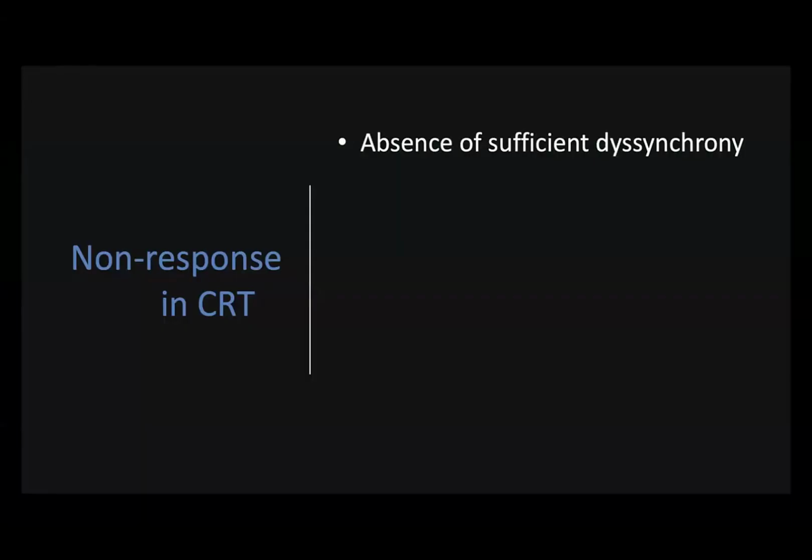They may have a very narrow QRS complex, and they're receiving the device outside the current guidelines. Patients would be, in fact, desynchronized if you put a device in. And so in this setting, absence of sufficient synchrony should almost certainly be addressed by the selection criteria that we currently use.